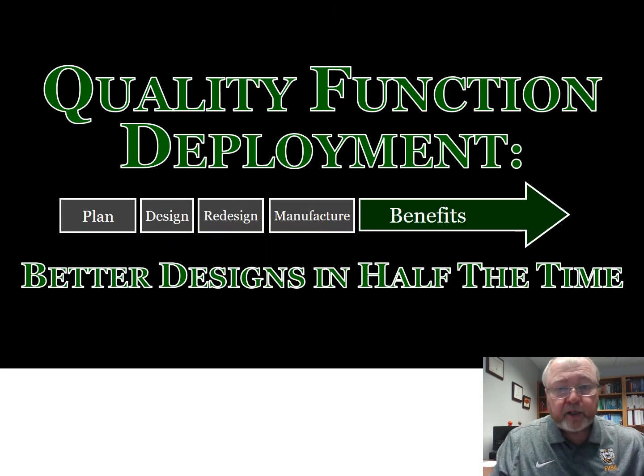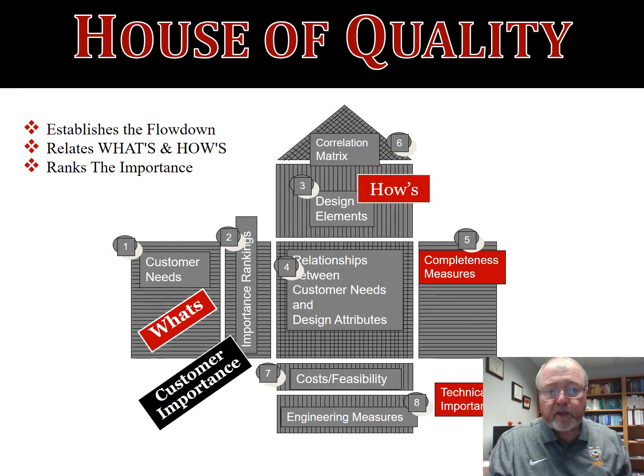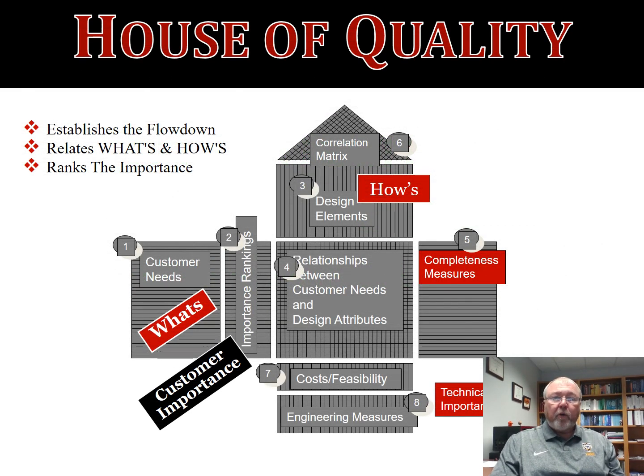And then let's take a little look at quality function deployment. We've looked at quality function deployment and its principal tool, the House of Quality, in another video. These were the main rooms in the so-called House of Quality. Customer needs, often called the what's. The hows, those are the design elements over which the enterprise has control, direct control.